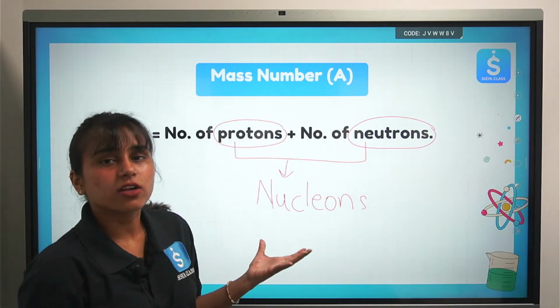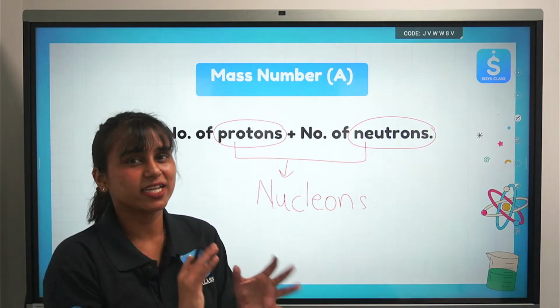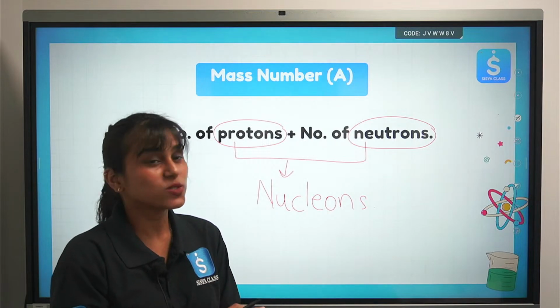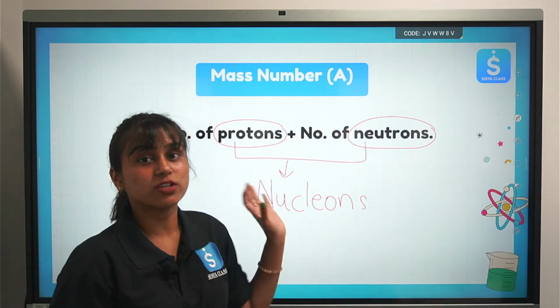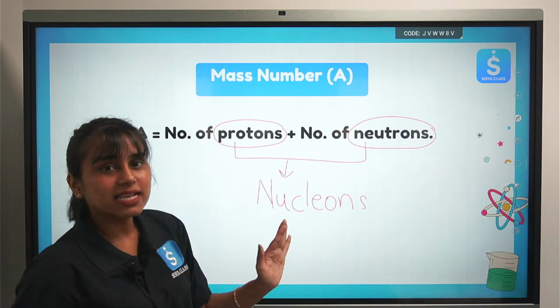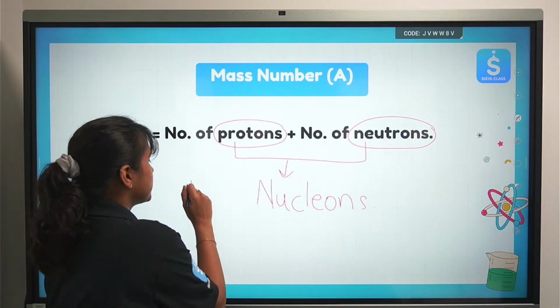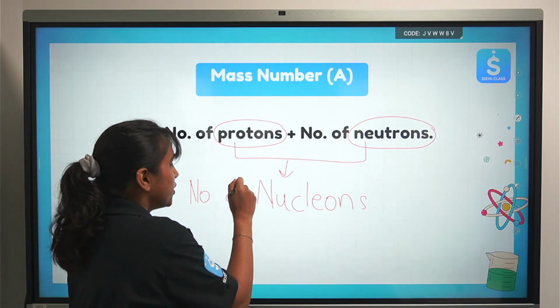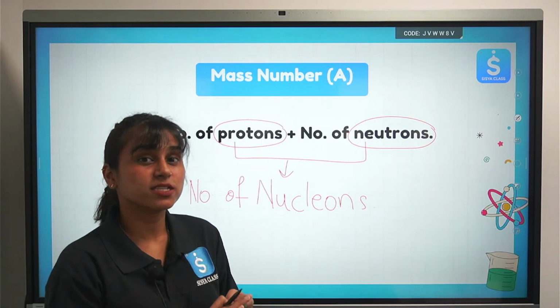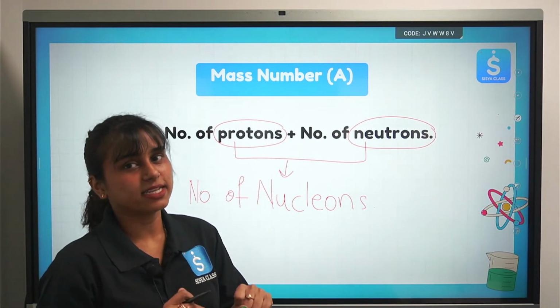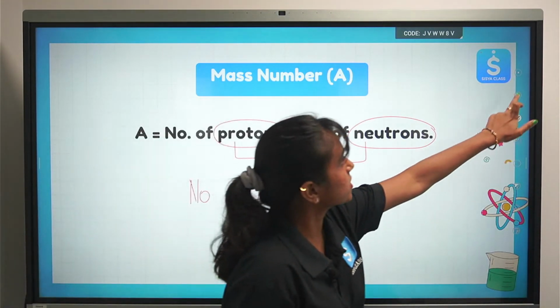Why are they called nucleons? Because both of these entities are present inside the nucleus. Very simple. So mass number is nothing but the number of nucleons, protons plus neutrons, present inside the nucleus.